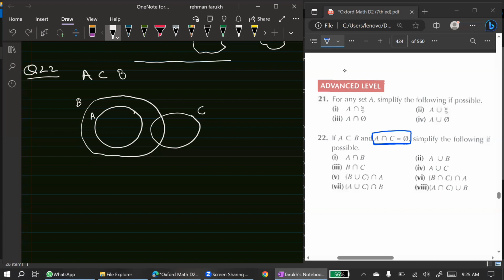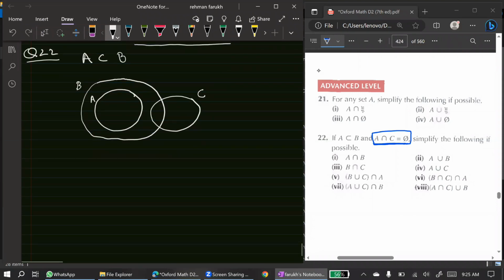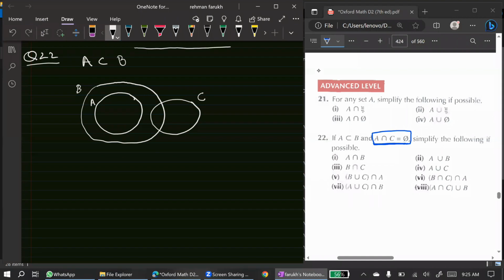No overlapping of A and C. There is no condition given about B and C, so we can overlap B and C. That is done.